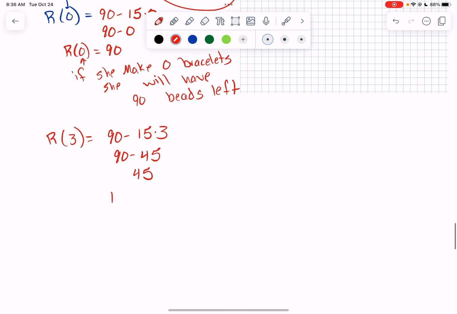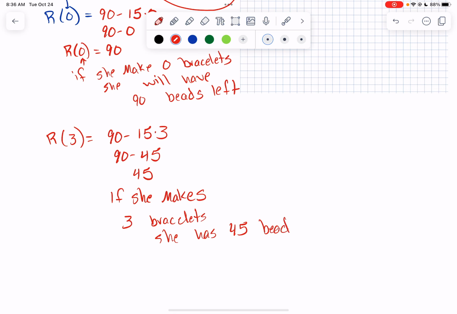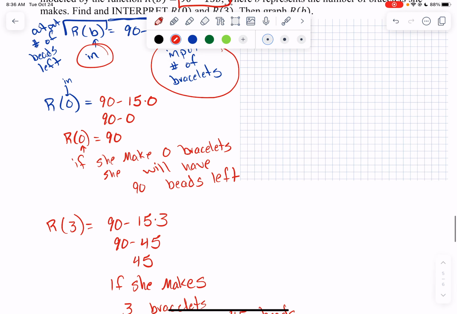So if she makes 3 bracelets, she has 45 beads left.